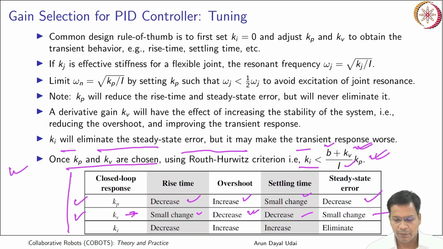Ki decreases the rise time and increases the overshoot. Ki can make your system even worse, and settling time increases, so again this is a problem. Steady state error, it will eliminate. So Ki is just a tool to eliminate the steady state error.